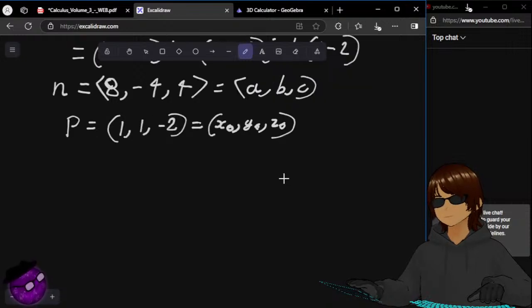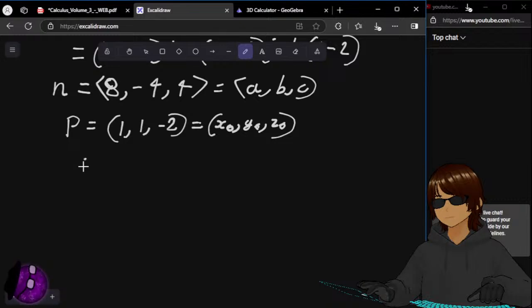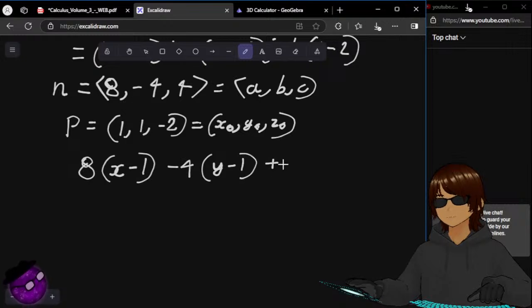Now A, which is 8, x minus 1, plus B. Actually, let's just do -4, and then y minus 1, plus 4, z minus z0, so z plus 2 is 0.